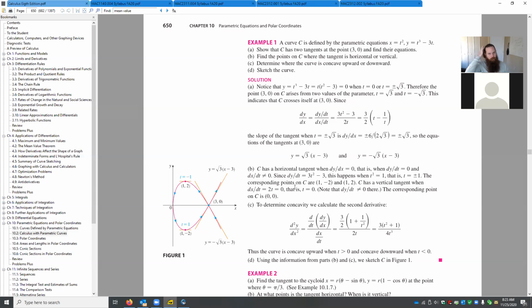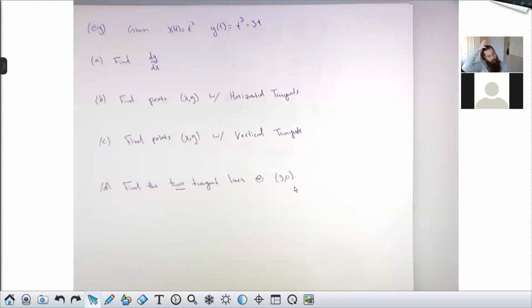So we've got a nice list of tasks here. I'm modifying the problem a little bit, just working with the curve they gave us, so we can do some simpler things and then also the things they asked for.